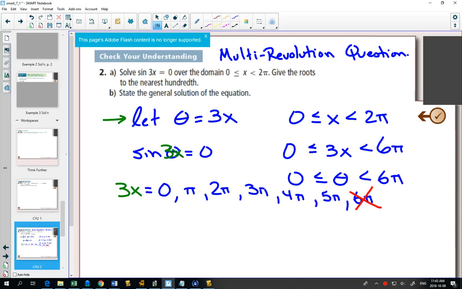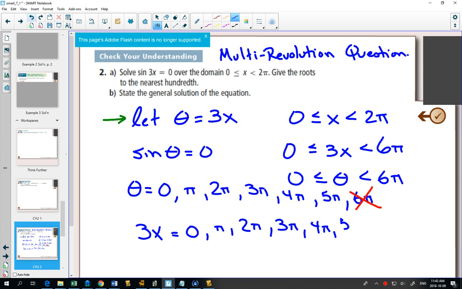If you had the theta there, which you all have in your notes right now, I'm going to undo what I just did, because this is what you have in your notes. Then we have to take another step and substitute back instead of theta: 3x is equal to all of these answers.